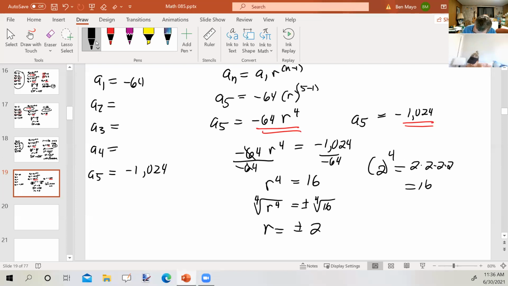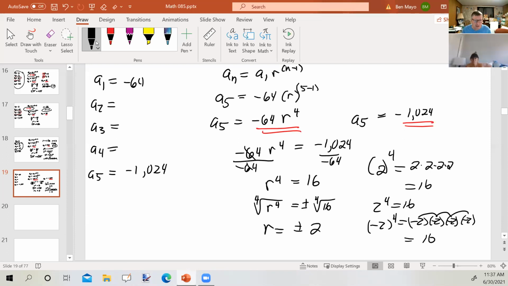So 2 to the fourth power equals 16, and -2 to the fourth power would also equal positive 16, because negative times negative is positive, times negative is negative, times negative is positive. Remember, if you're multiplying together an even number of negative factors, the answer is positive. An odd number of negative factors, the answer is negative. So r could either be -2 or r could be +2.